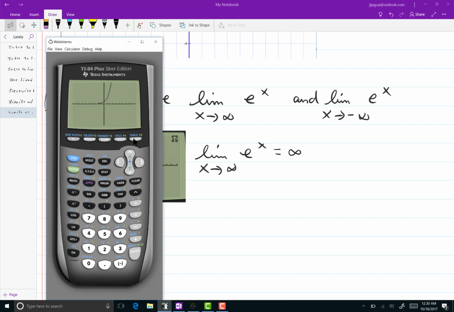If you need more details, just look at the table values. Let me see here. Now, I have huge numbers in. Oh wait, those were negative numbers. I think I need to change my table. I need to get rid of the negative out of there. I'll just start it at 9999 and increment it 10,000.